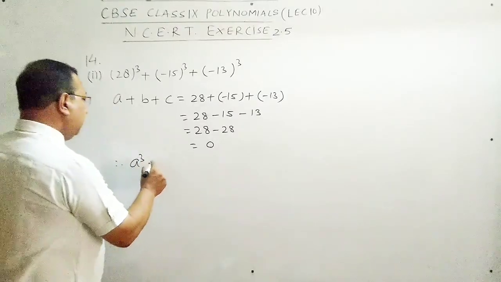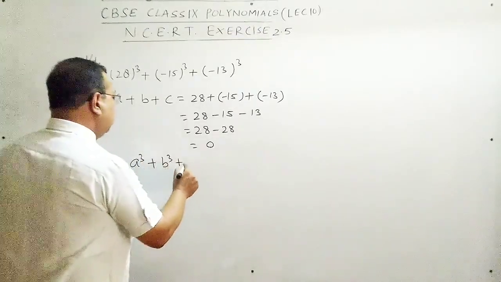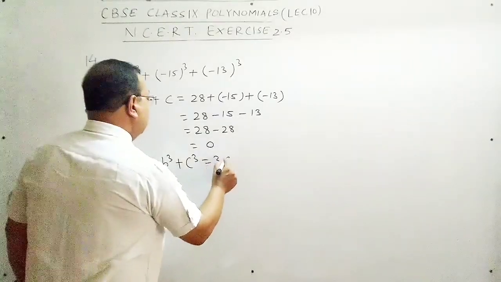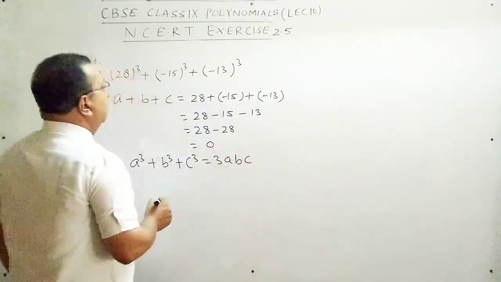Therefore, A cube plus B cube plus C cube equals 3ABC.